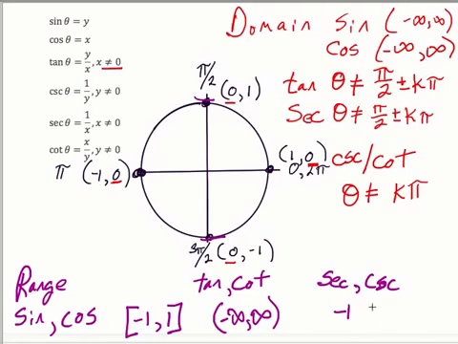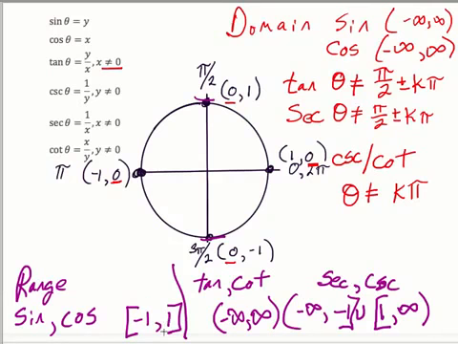The reciprocal of 1 is 1. But the reciprocal of a number between negative 1 and 1 is going to be a number that's outside of that. It turns out that the range of secant and cosecant is from negative infinity to negative 1, and from 1 to infinity, because it's the reciprocal of sine and cosine.